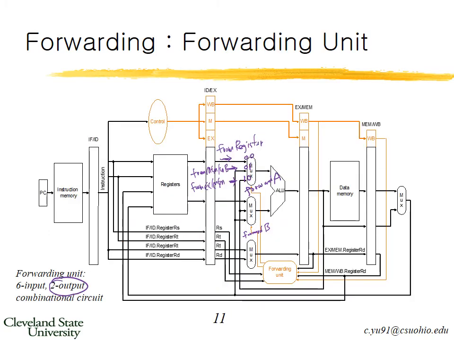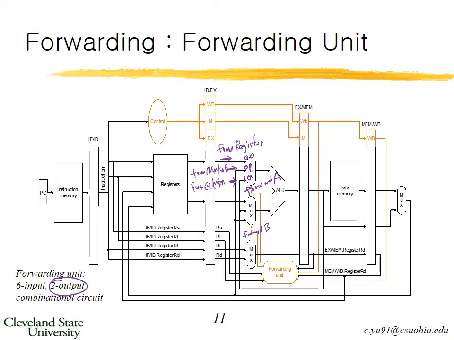So here's what it is. In front of the ALU, there are two additional multiplexers. If you look at the first source to the ALU, there are three inputs. One input is coming from the register file, and in terms of the multiplexer, it is 0, 0.